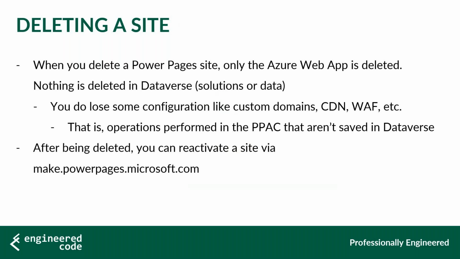So you can reactivate a site, and for the most part, it's going to bring back all of your work. All the stuff that's stored in Dataverse just magically reappears. There's just certain things you'll have to set up again because that sets up new resources in Azure. You're going to get a new app registration, and so you'll have to set up things like SharePoint or Power BI embedded or some of those things.